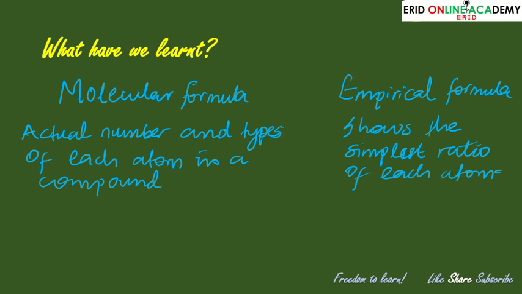So what have we learned in this lesson? We have seen that the molecular formula shows the actual number and types of each atom present in a compound, but the empirical formula just shows the simplest ratio.